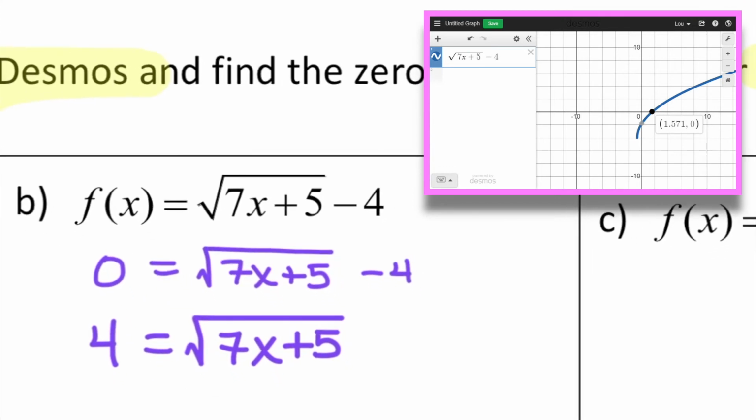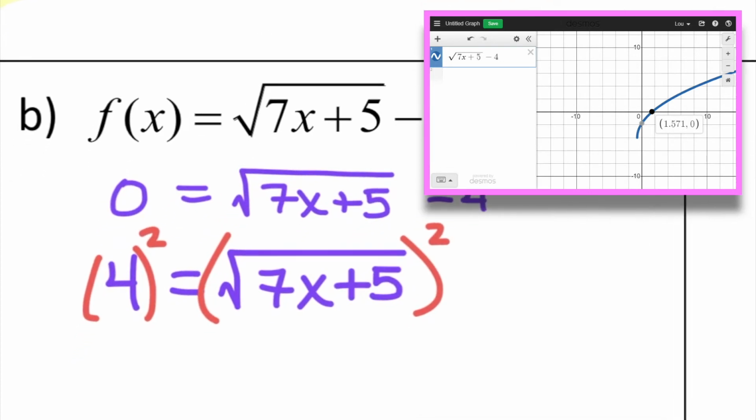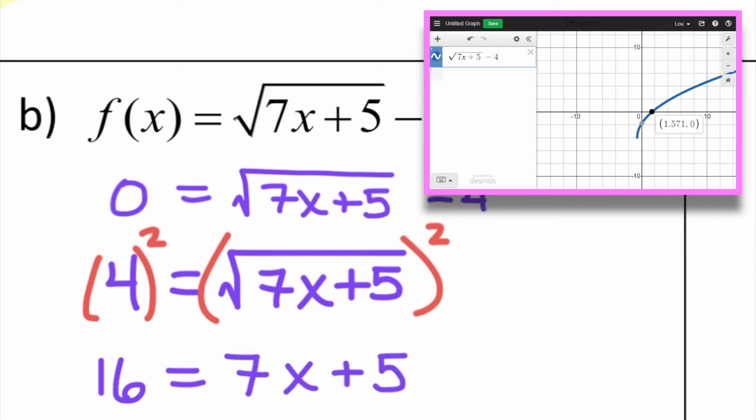And then I'm going to square both sides. On the left, I end up with 16, and on the right, I end up just with what's inside the square root.